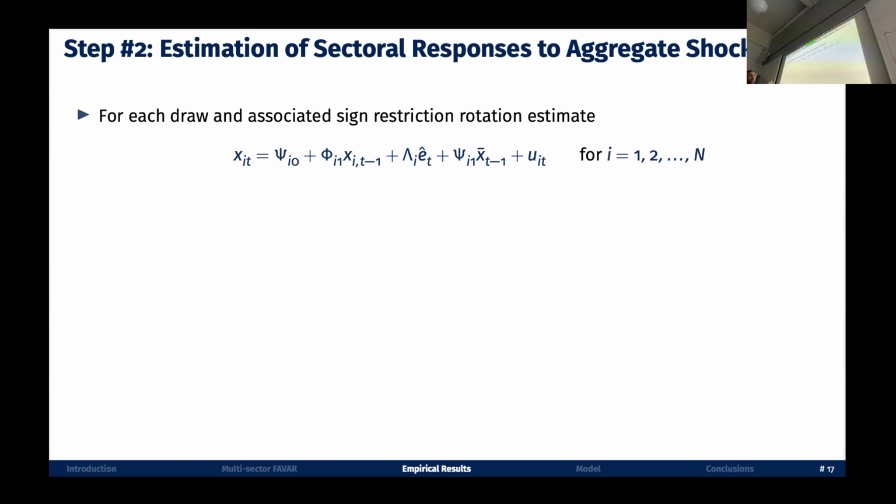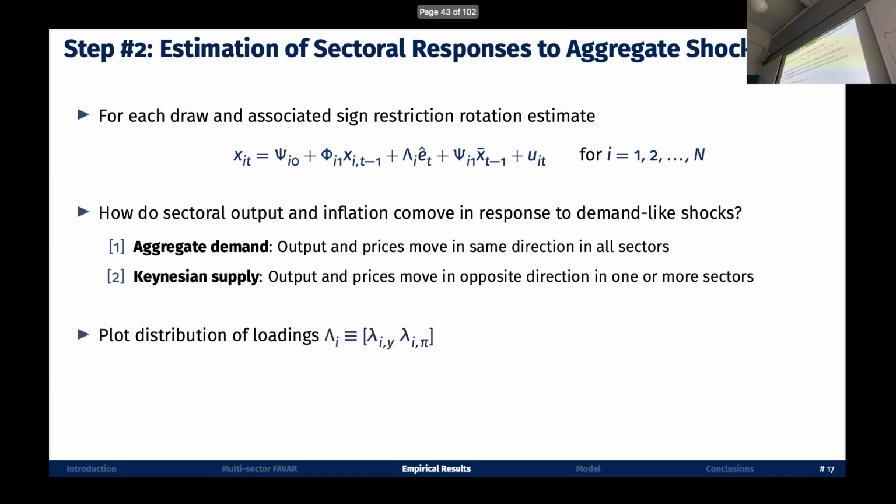We said this quite a few times now. If these loadings are positive for both output and inflation, then we are in a world where demand shocks exist and they lead to aggregate demand positive movement. But if I were to find that at least in some sectors these loadings are positive for output and negative for inflation, then that would lend credibility to the other story, which is what I have here.